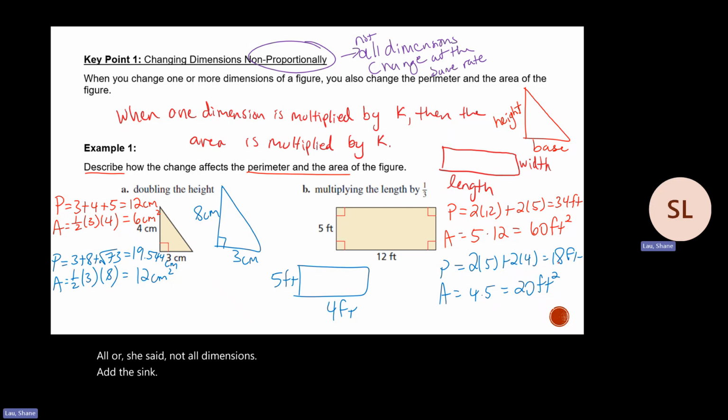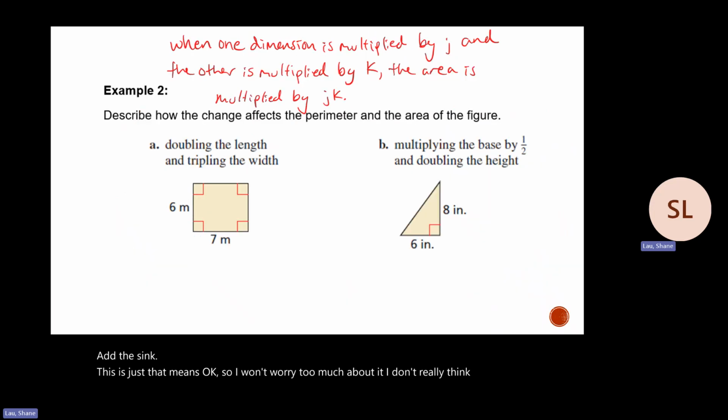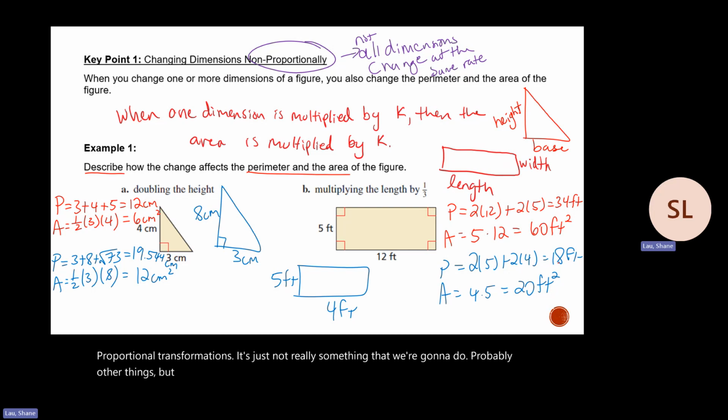This is essentially what that means. So I wouldn't worry too much about it. I don't really think we're going to be doing any non-proportional transformations. It's just not really something that we're going to do. Probably other things, but not non-proportional.